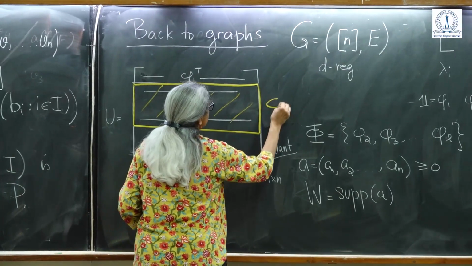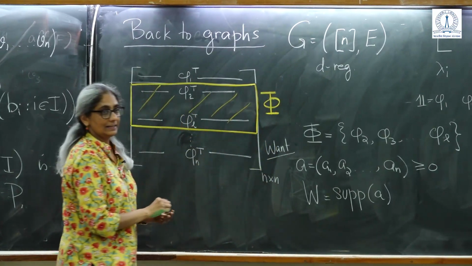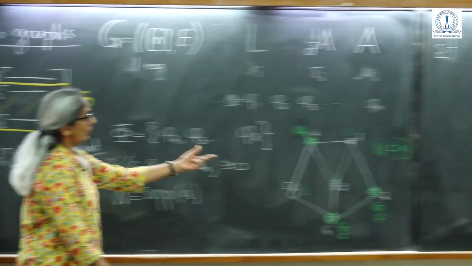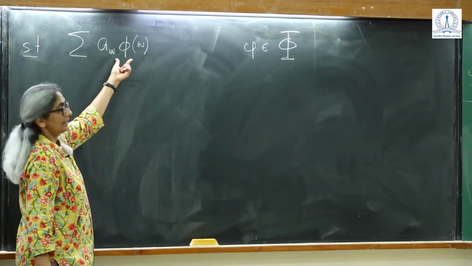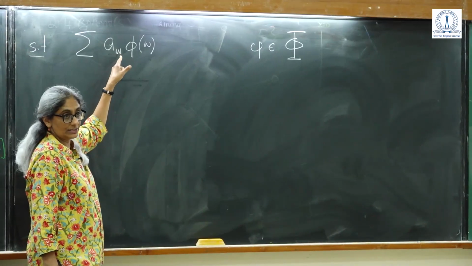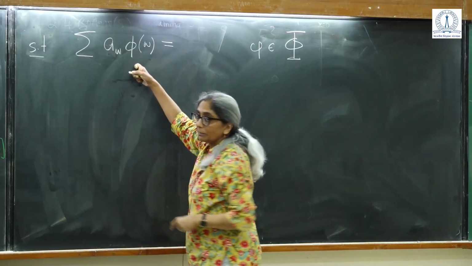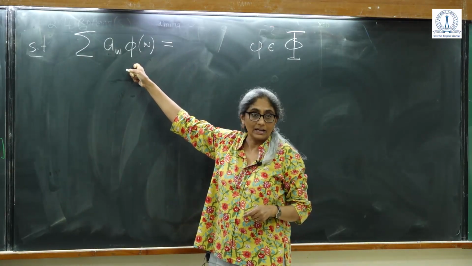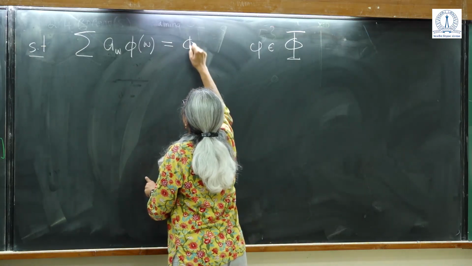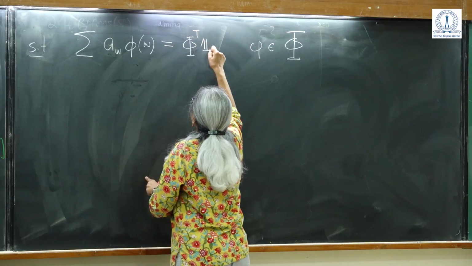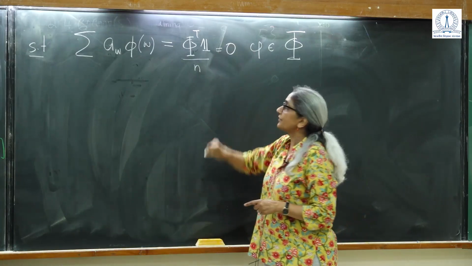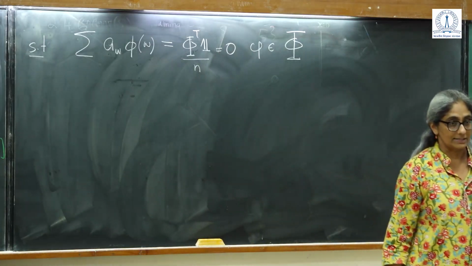So whenever I pick one of these yellow eigenvectors and take the weighted average of that phi with A, everywhere this was 0 there's no contribution. I want this to come out to be the global average of this phi, which is phi transpose 1 divided by n, if you like. That's the global average. But this is just 0 because phi is orthogonal to the all ones, okay?